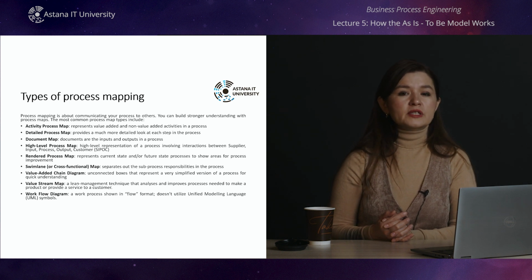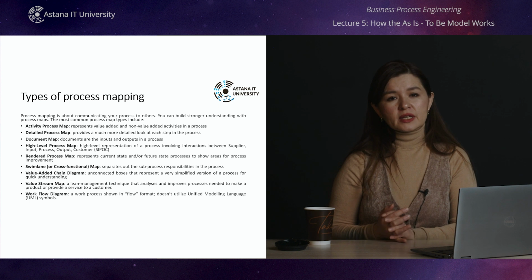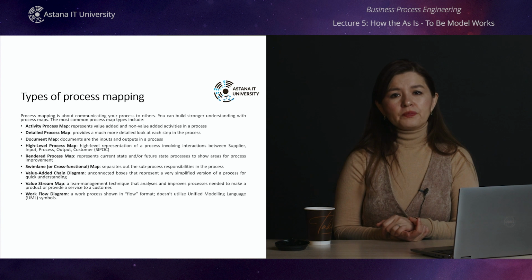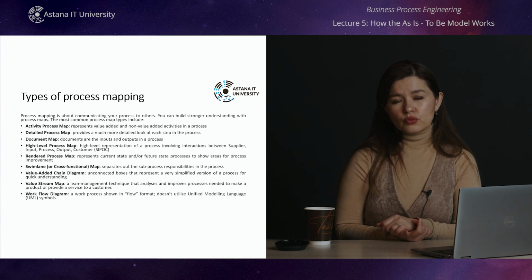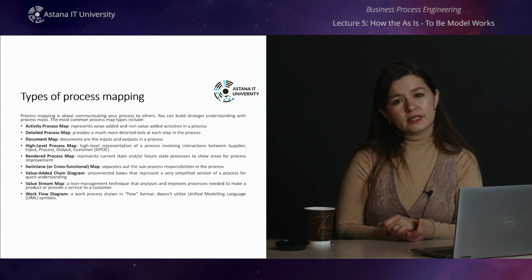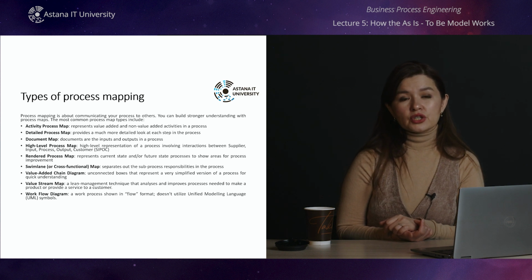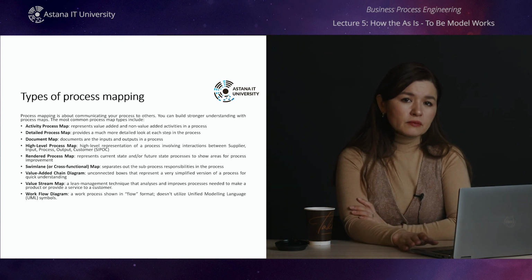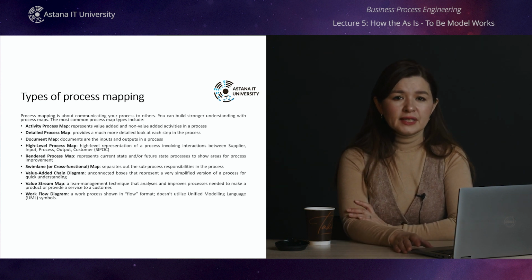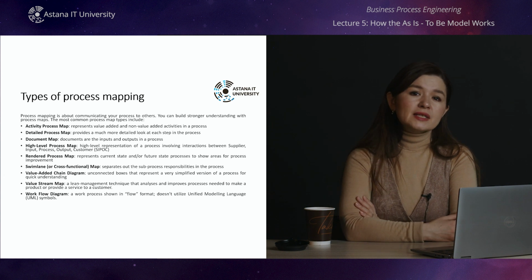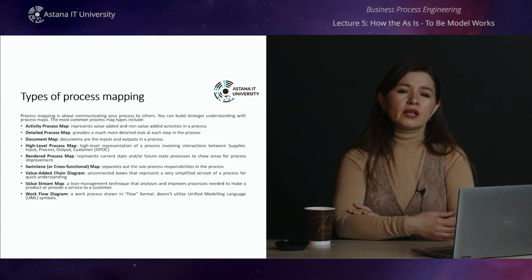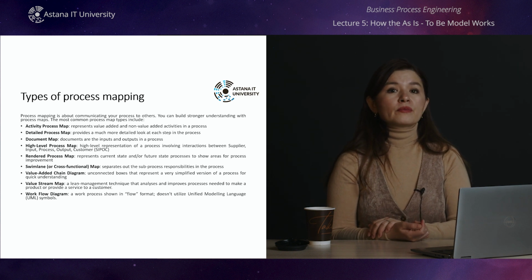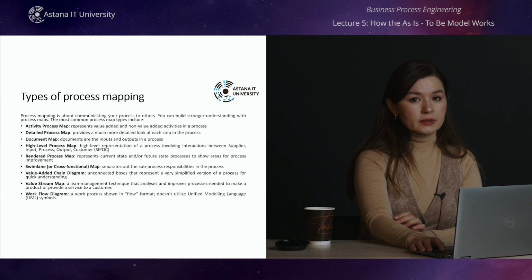Workflow diagram represents work processes in a flow format without using unified modeling language symbols, providing a visual sequence of tasks for better understanding and communication. In summary, these process map types fulfill different needs, from high-level overviews to detailed analysis, offering valuable insights for understanding, analyzing, and improving organizational processes.